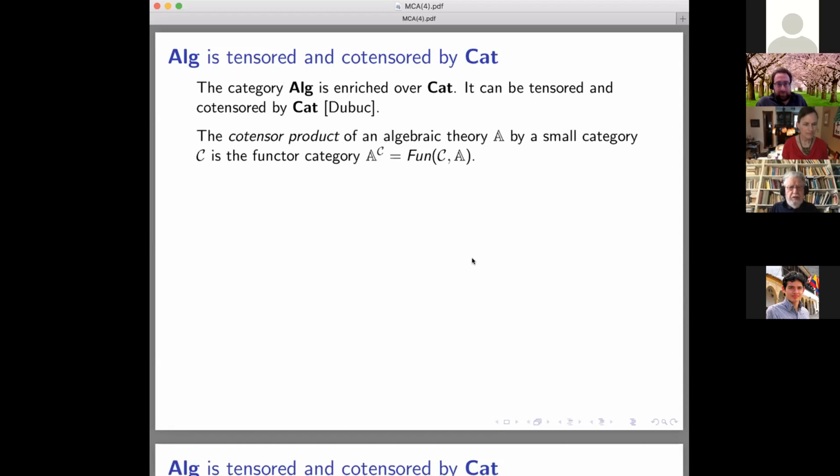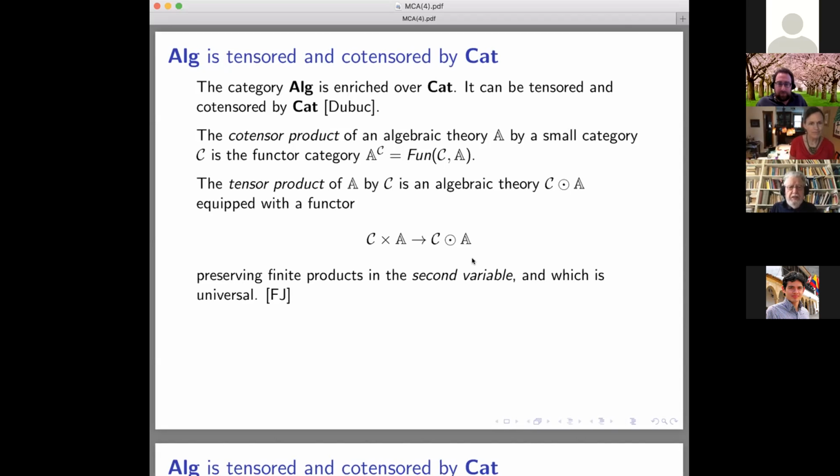So what is a cotensor product of an algebraic theory A by a small category C? It's simply the category of functors from C to A. If A has finite products, the category of functors from C to A has finite products, and you get the cotensor product. The tensor product is in some sense more interesting, but a bit harder.